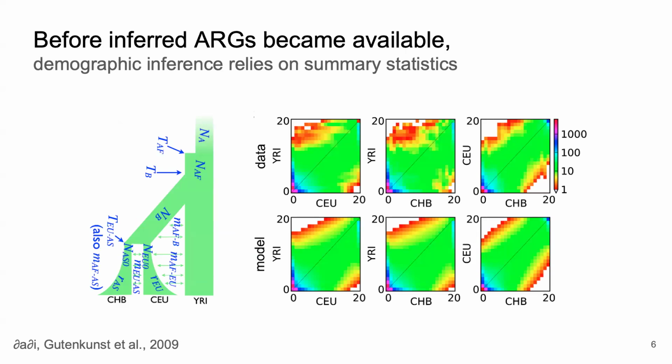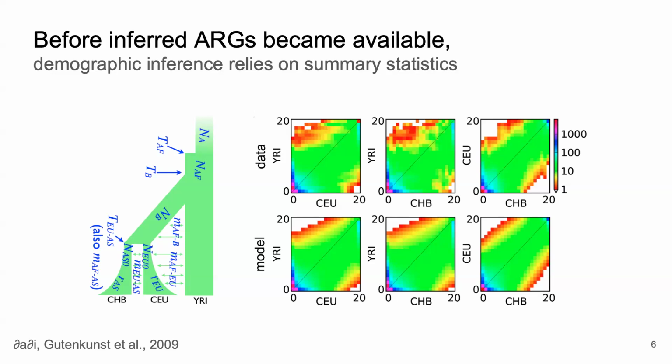One of the notable methods for demographic inference is called dadi, developed by Ryan Gutenkunst and co-authors, which utilizes information that summarizes the site frequency spectrum in a two-dimensional space, comparing two populations' site frequency spectrum. Then they fit the demographic model to the observed two-dimensional site frequency spectrum.